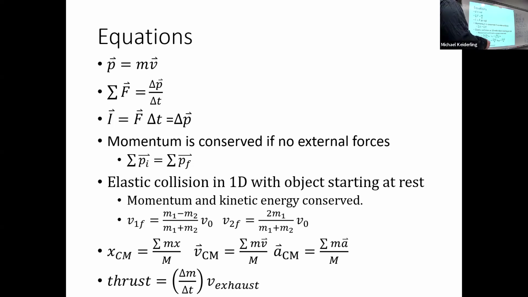V2 final is 2M1 over M1 plus M2 times V naught. X center of mass is the sum of all mx over m, then V center of mass, and A center of mass, and thrust is rate of material going out the back times the exhaust velocity.